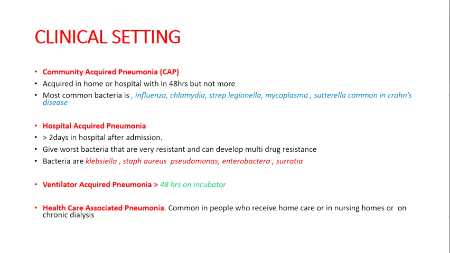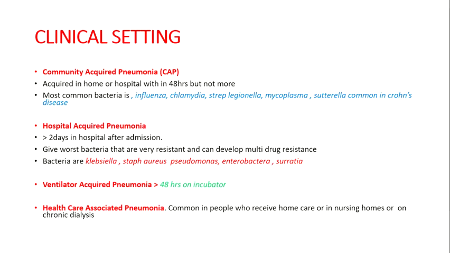Let's look at community acquired pneumonia. Community acquired pneumonia is pneumonia acquired at home or at hospital within 48 hours, but not more than that. If somebody comes to a hospital or is admitted to hospital and within 48 hours develops pneumonia, it means they came from home with the pneumonia causative agents and did not acquire it within the hospital.